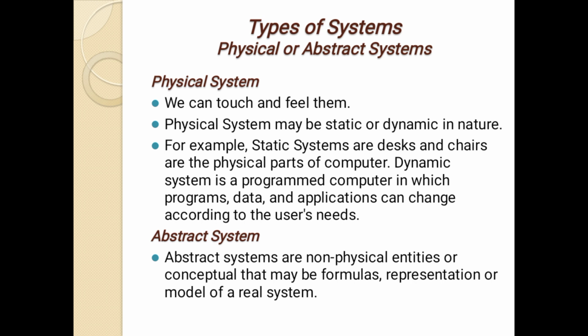For example, static systems are desks and chairs or the physical parts of a computer. A dynamic system is a programmed computer in which programs, data and applications can change according to the user's needs. Abstract systems are non-physical entities or conceptual, that may be formulas, representations or models of a real system.